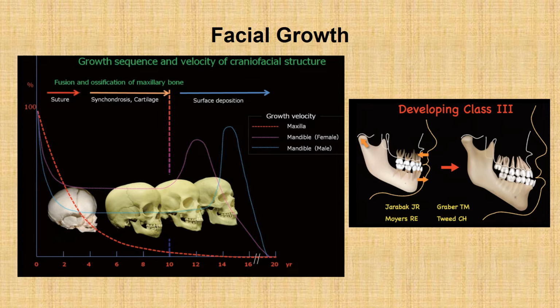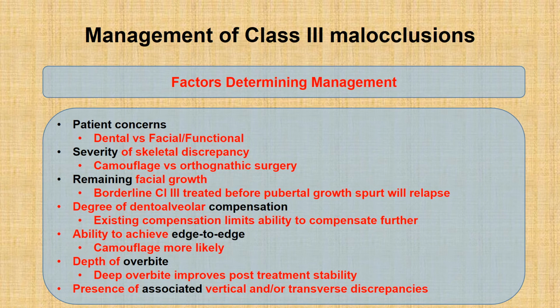But the mandible will tend to continue growing until at least about 20 years of age in the male. This means the class 3 malocclusion tends to get worse with continuing growth.